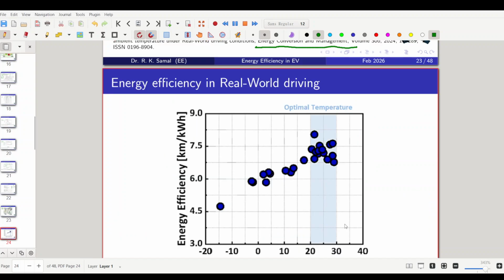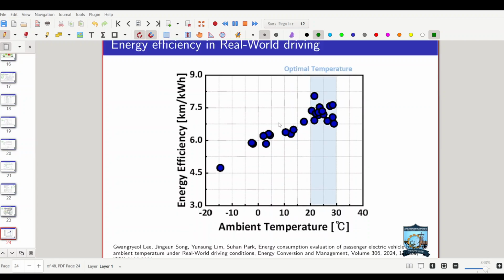Now these are the results that they have obtained. Again, while discussing the results, we will put our values here. What we did, we obtained about 15, we will assume 15 kilowatt hour per 100 kilometer, and that comes out to be 0.15 kilowatt hour per kilometer.